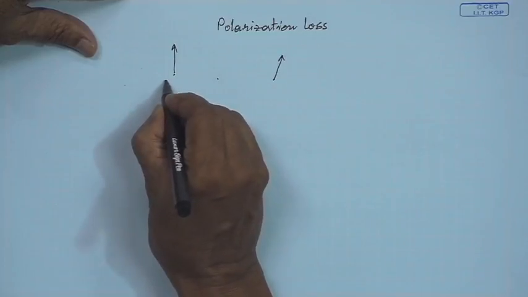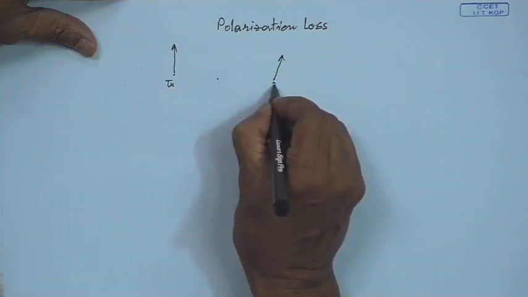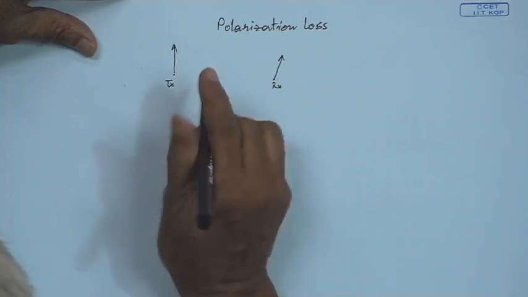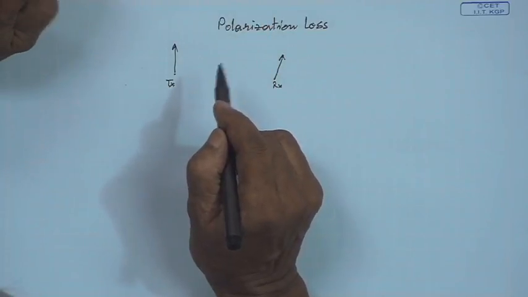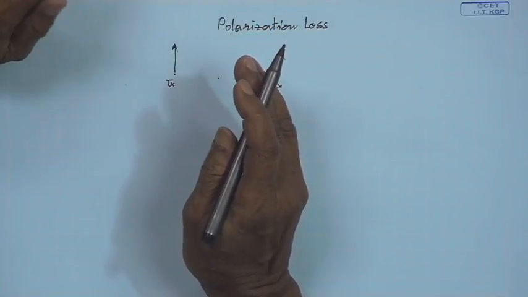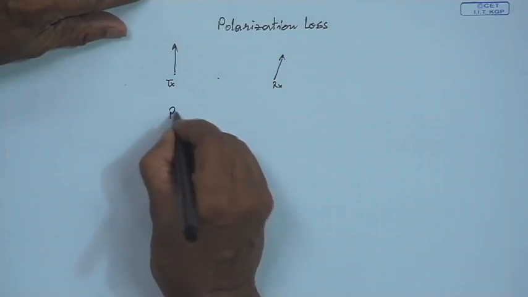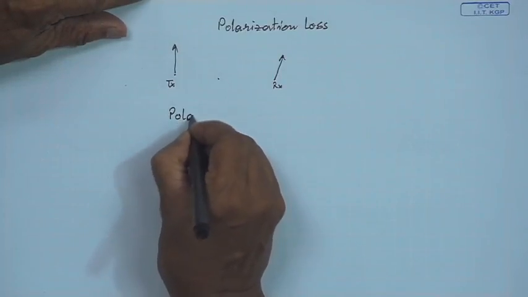This is the transmit polarization, this is the receive antenna polarization. Because of that there will be a mismatch of the wave plane, and there will be some loss. It is called polarization loss.